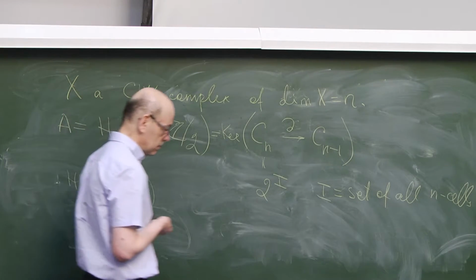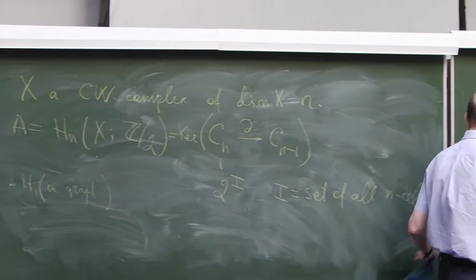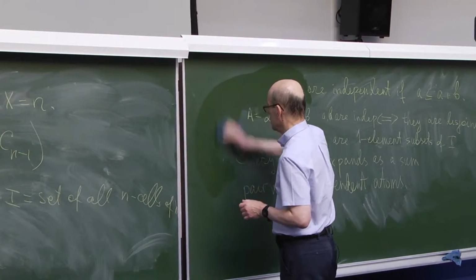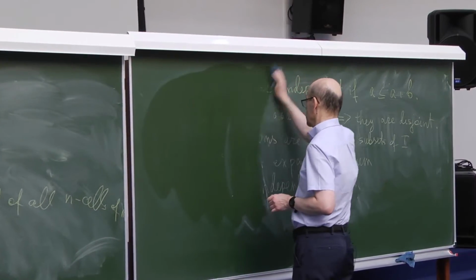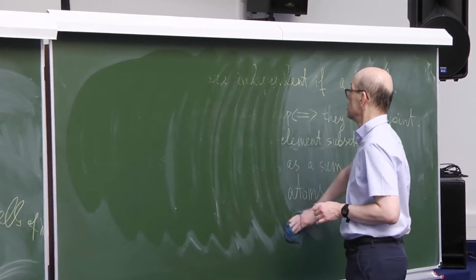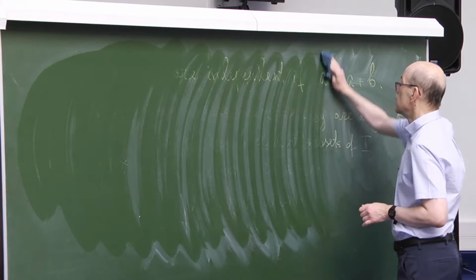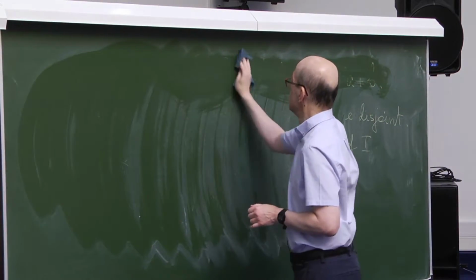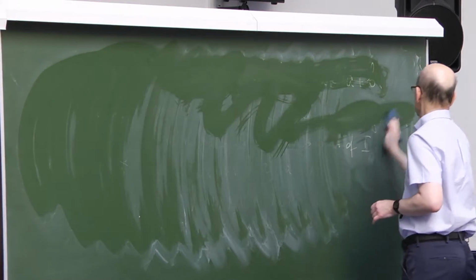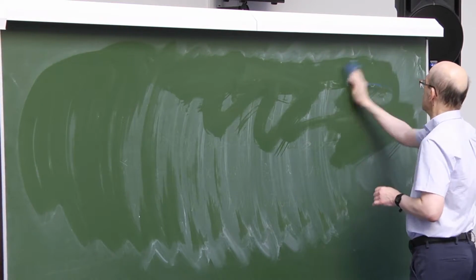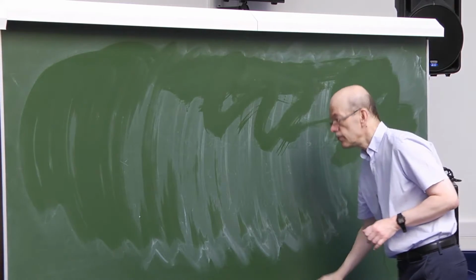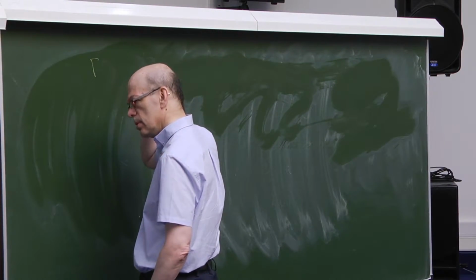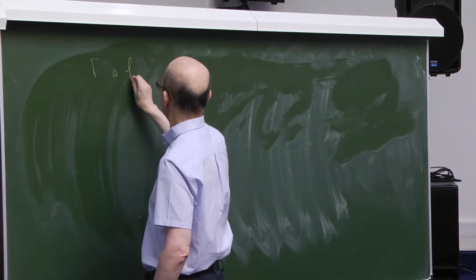And now I can answer the question I stated at the beginning. Again, you can guess the answer now. Let Gamma be a finite graph.